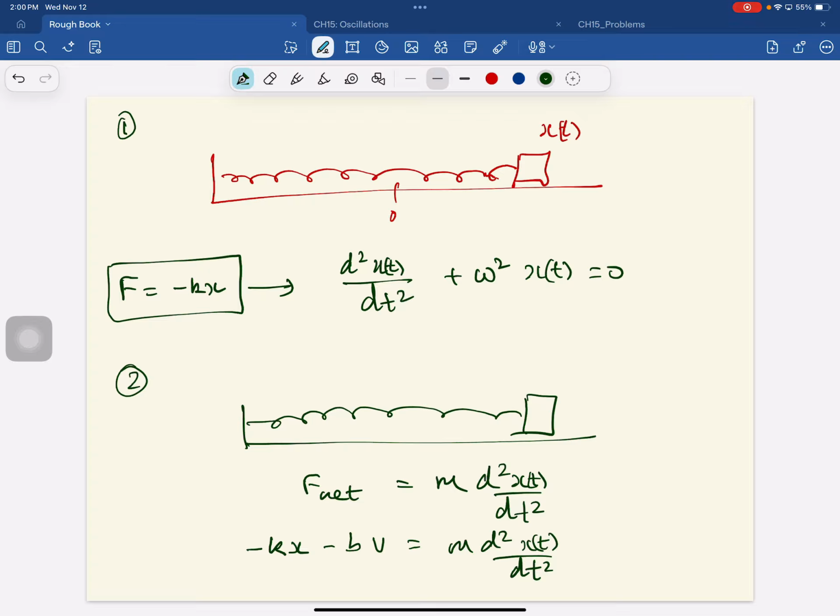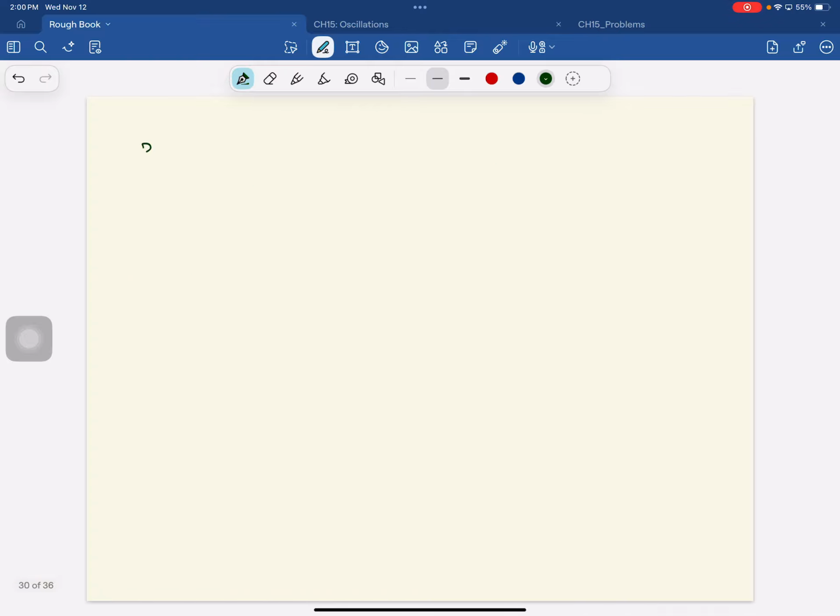So now we'll look at an oscillating system with friction. Now we'll add a driving force. So there is the third system we'll consider. Here's mass times acceleration, d squared x over dt squared.